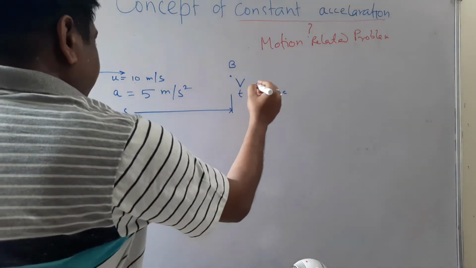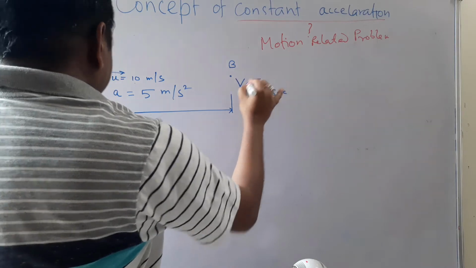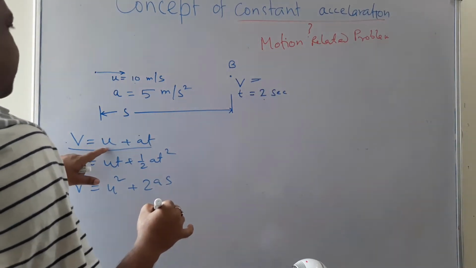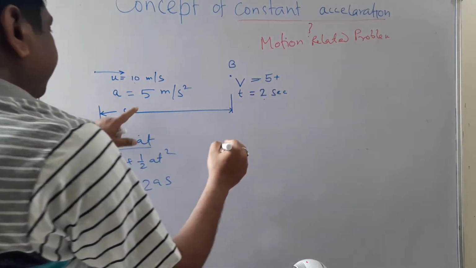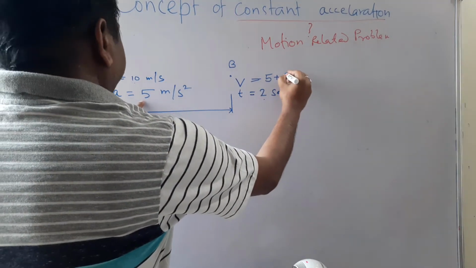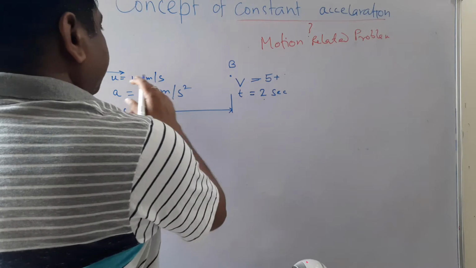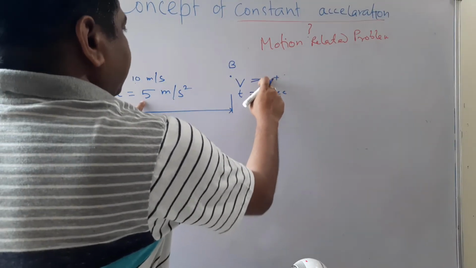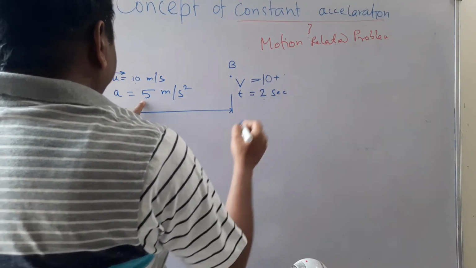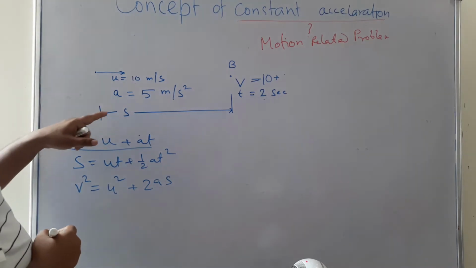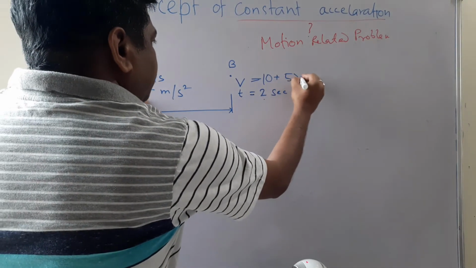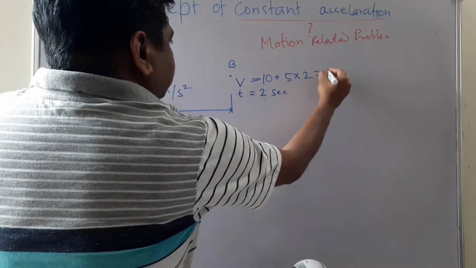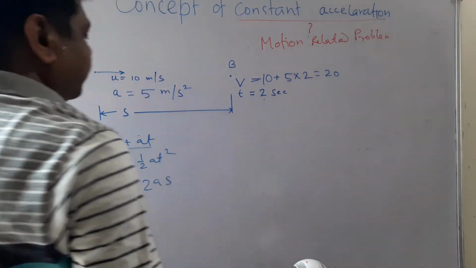So what will be v? Here v equals, sorry, u is 10, plus a is 5 into 2, so this is 20, right?